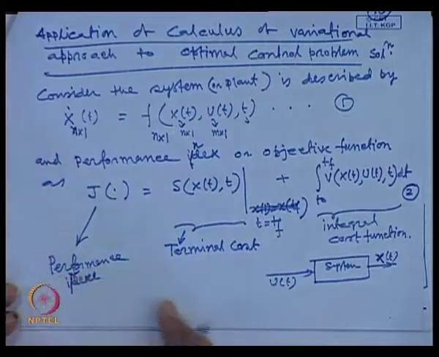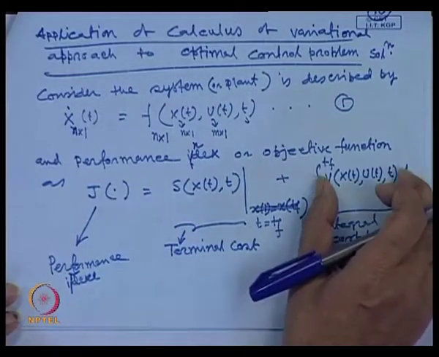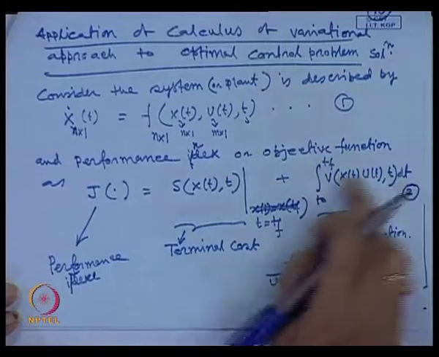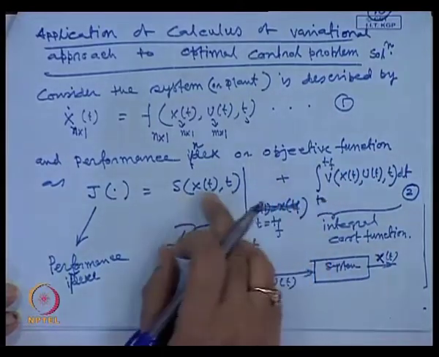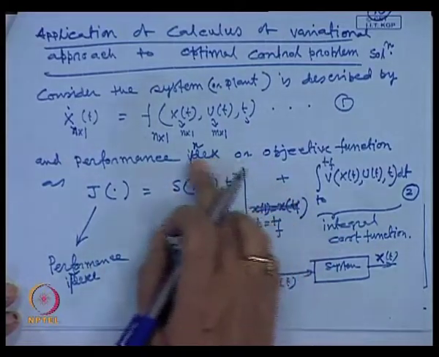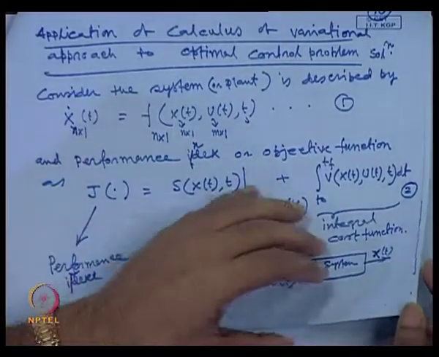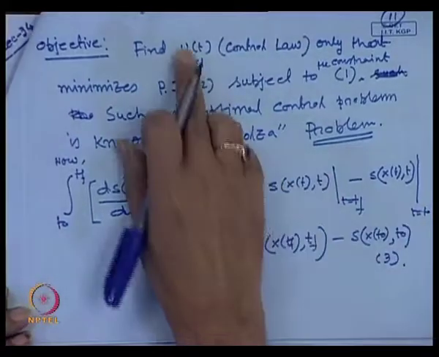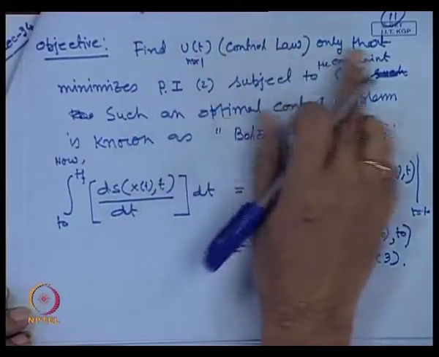One part is the integral part of the performance index, and the other is the fixed part, the terminal cost at t is equal to t f, which is known to us.